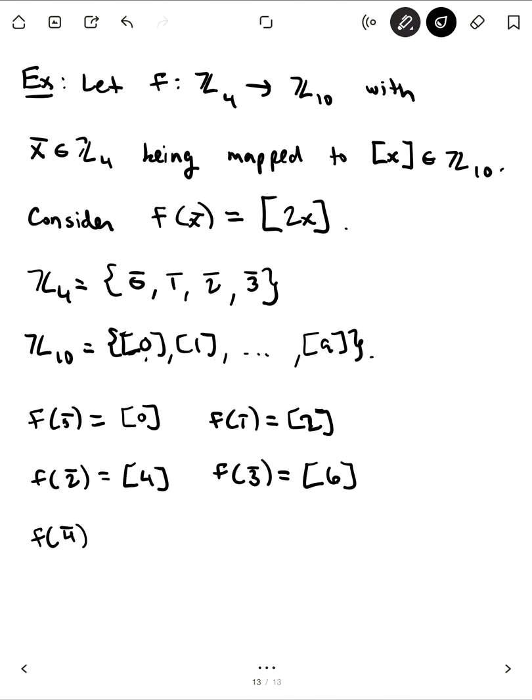If we continue this process, we get f of 4 is equal to 8. But the equivalence class generated by 4 is equal to the equivalence class generated by 0, and f of 0 is 0. And so this function is multi-valued.